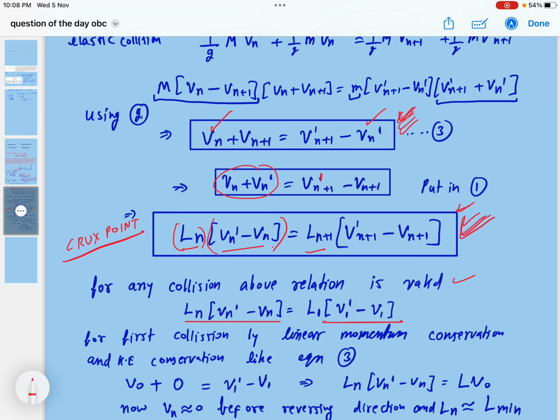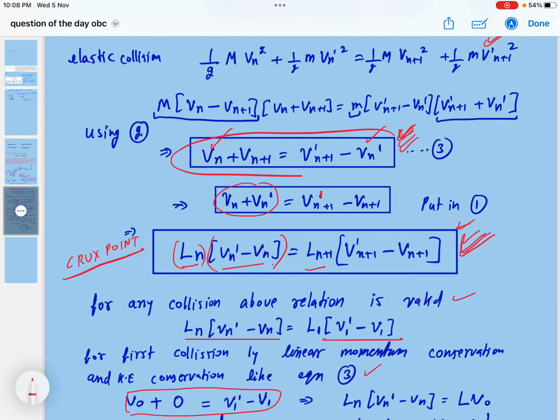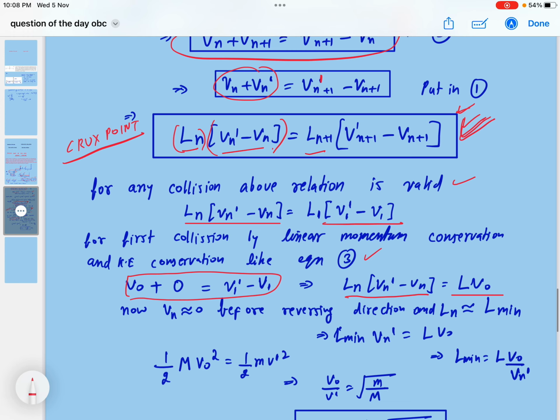Just after the first collision, I am writing again linear momentum conservation and kinetic energy conservation, the type of equation like this. Then I can write it for the nth collision and the first collision, right? Because just before the first collision, this lighter ball's velocity was 0, so just L V naught, okay?